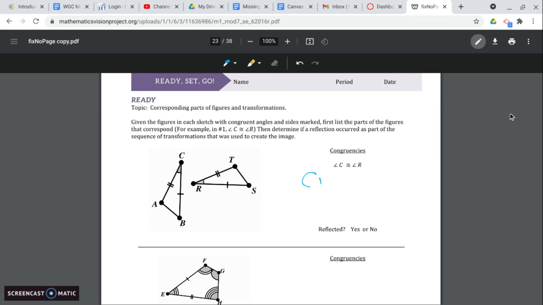We also know that CA is congruent to RT. Now, was there a reflection that would have taken our first triangle to our second one? Yes, there would be some sort of reflection that happened in there to get between these.